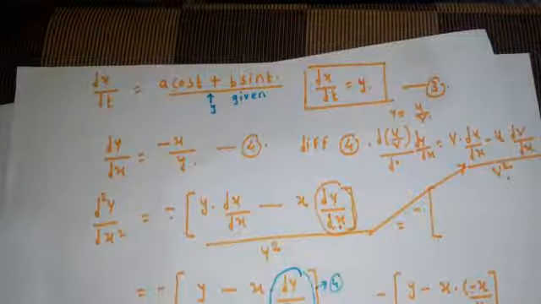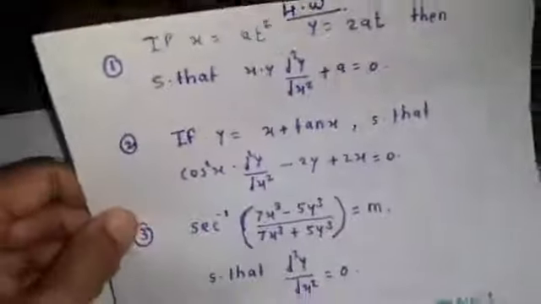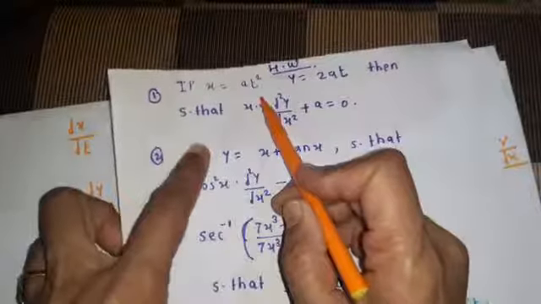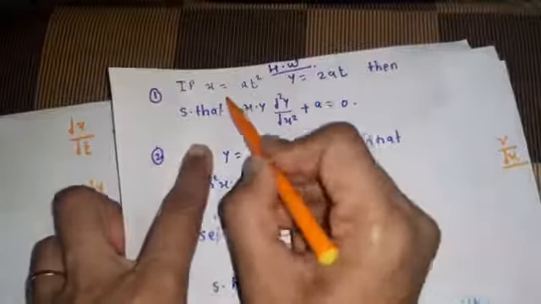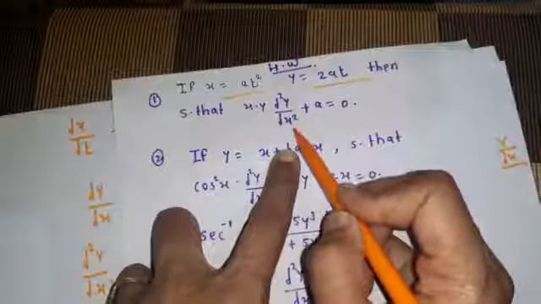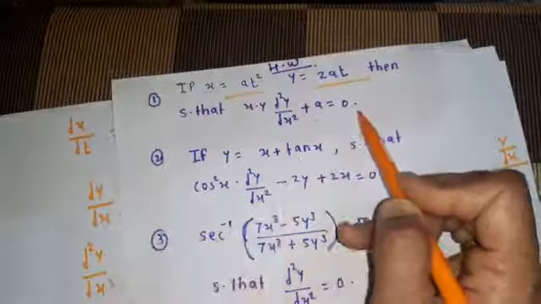Okay students, there are some problems of the show-that type that you have to prove. The first problem is, if x equal to at square, y equal to 2at, then show that x into d2y by dx square plus a equal to 0.